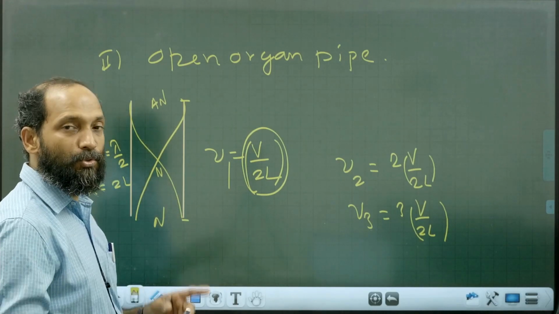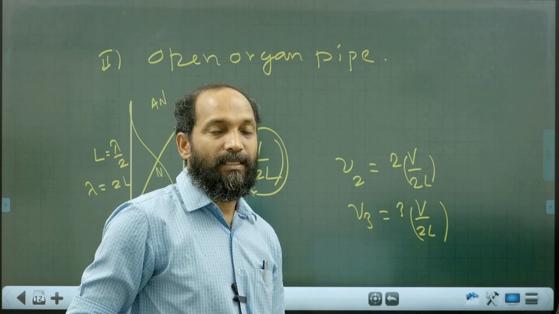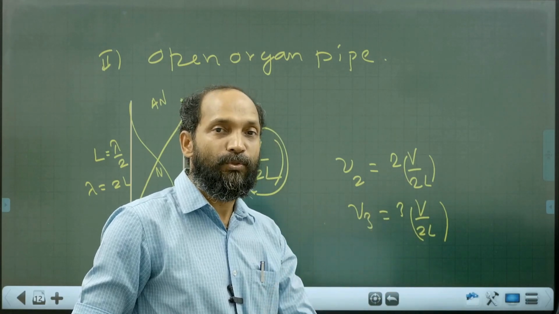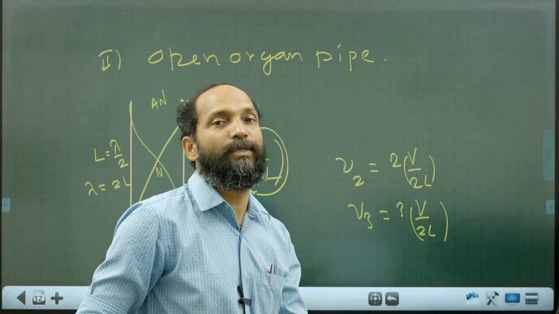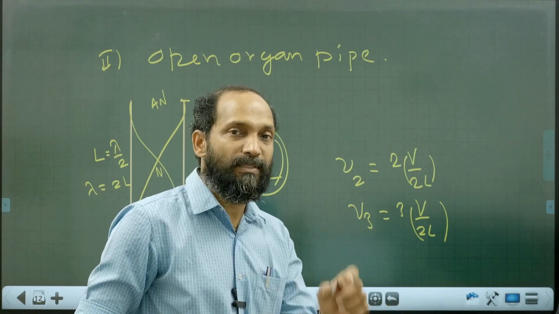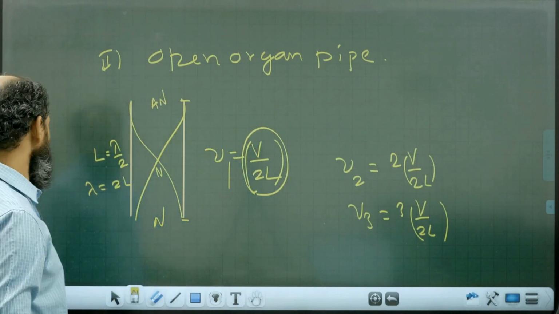If you have two organ pipes of the same length, the ratio of fundamental frequencies of closed and open is 1:2, and open to closed is 2:1. That is, the fundamental frequency of an open organ pipe is exactly double that of a closed organ pipe.